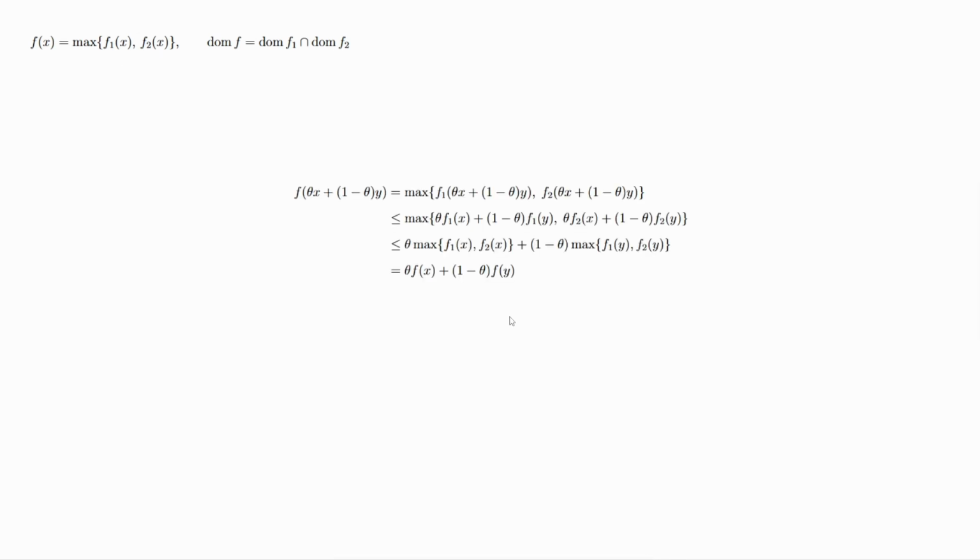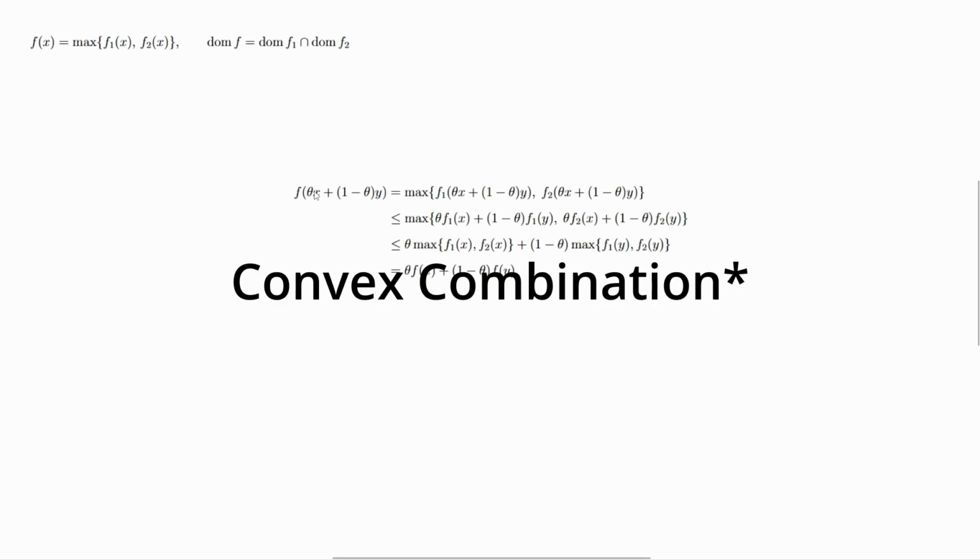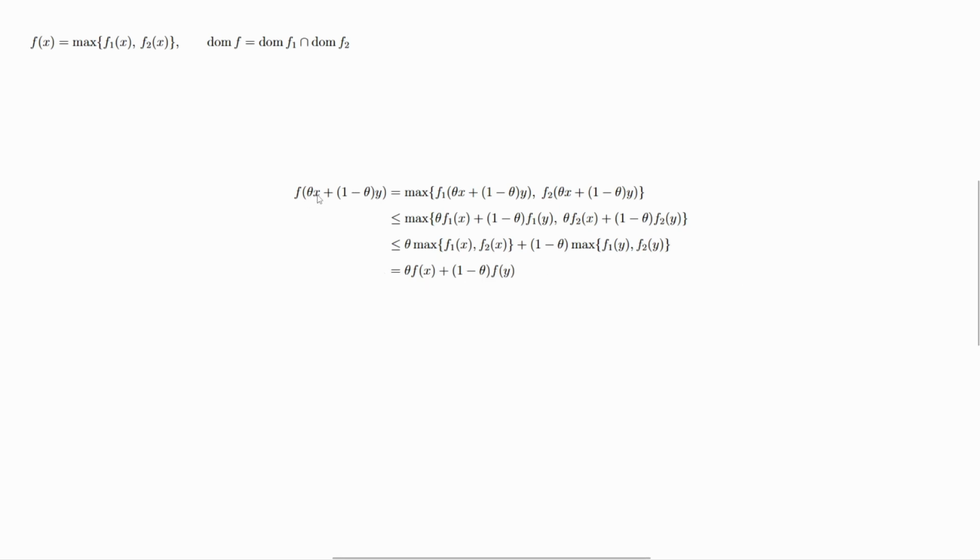We can easily prove that as follows. Remember, a function is convex if the function of a convex combination of two different inputs is less than or equal to the same convex combination of the outputs of the function. So we want to show that this expression is less than or equal to this expression.